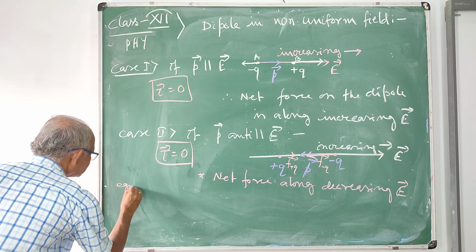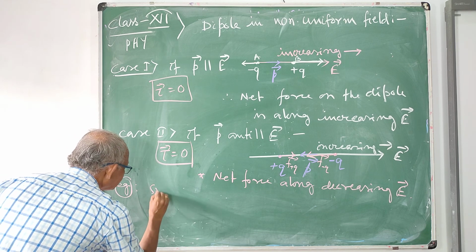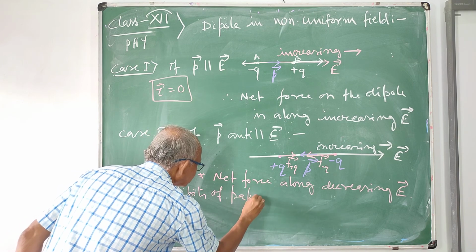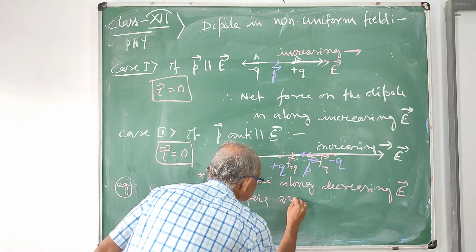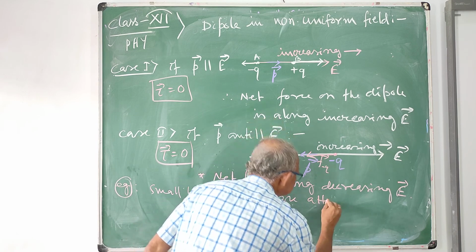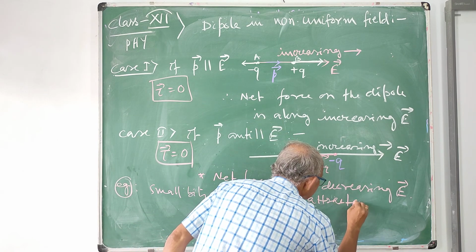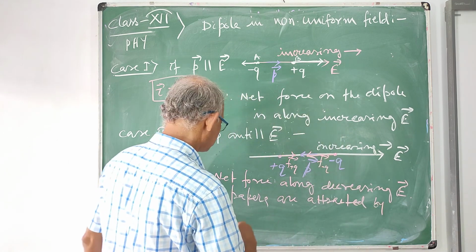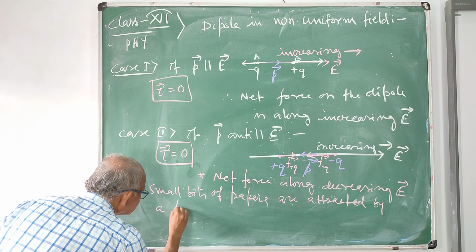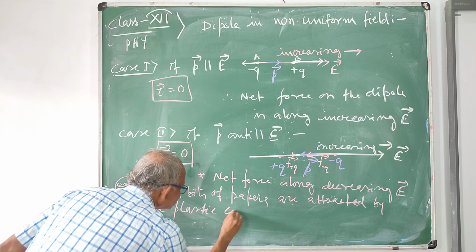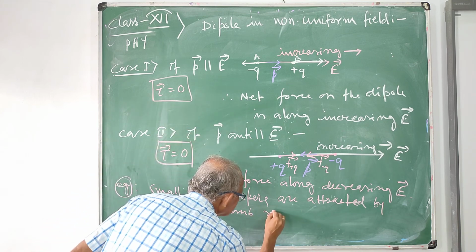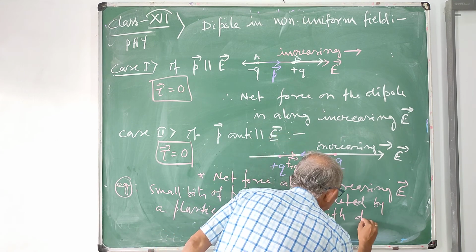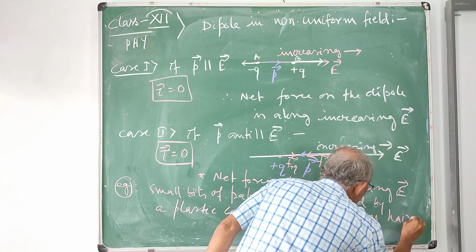Example: small bits of paper are attracted by a plastic comb rubbed with dry hair.